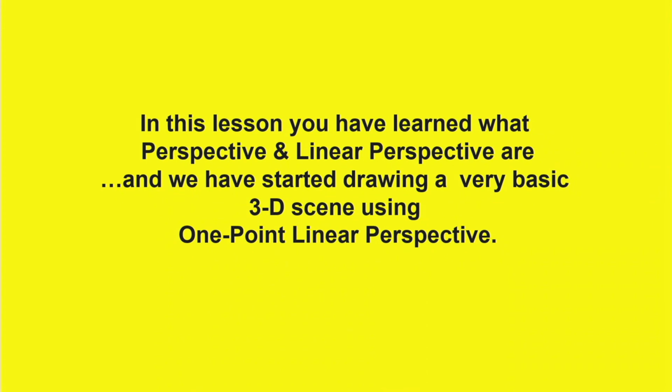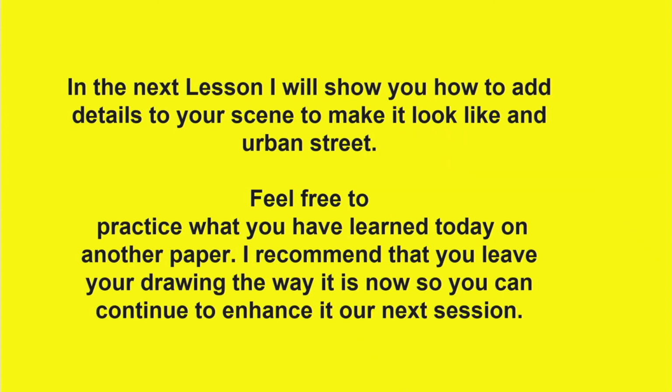So in this lesson, you've learned what perspective is and what linear perspective is. And we have started drawing a very basic 3D scene. We have not completed it in one-point linear perspective. In the next lesson, I'm going to show you how to complete your scene and how to enhance it so that it actually looks like a completed scene that I showed you prior.